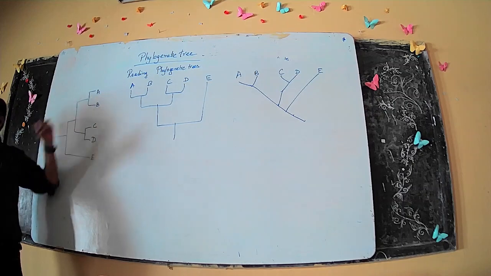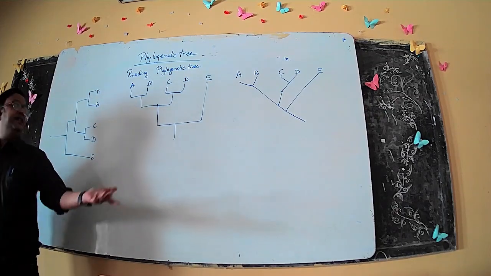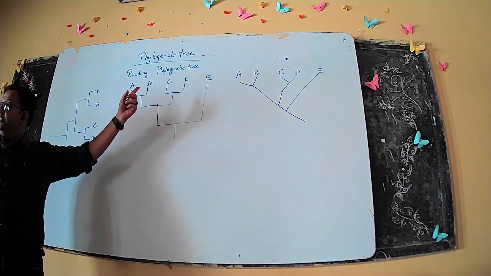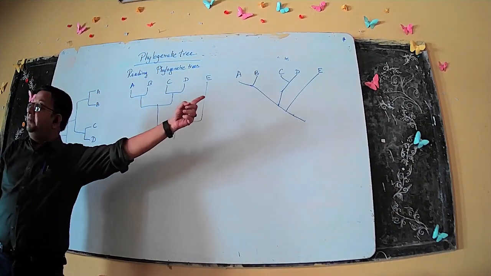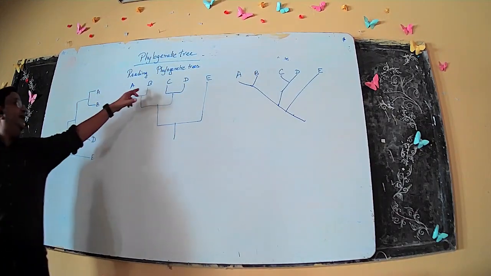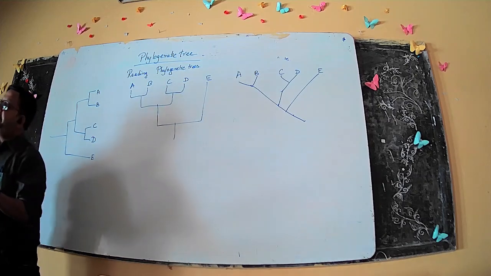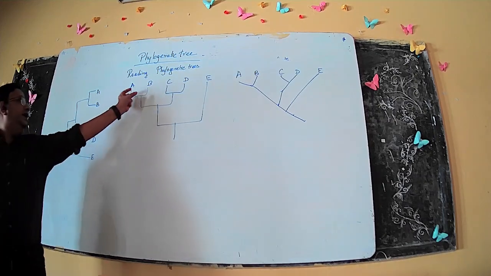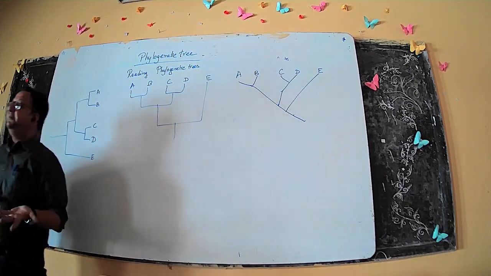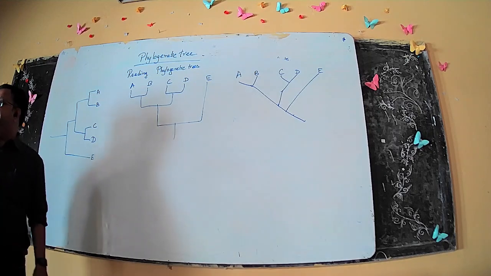Here A and B are very close to each other. Here also A and B are close to each other. In that also A and B are close to each other. Even if I write A over here and B over here, or A over here, it remains the same. Even if you turn this 180 degrees, the relationship remains the same. Nothing changes.